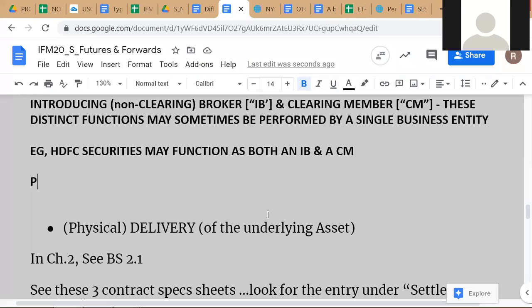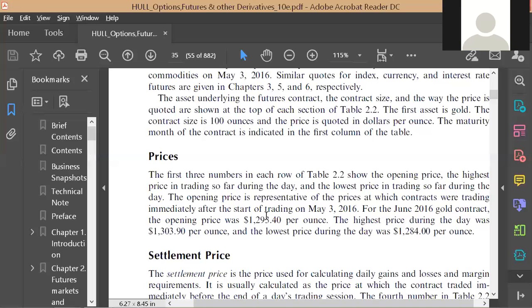I'll just write here what we have not yet talked about: normal versus inverted markets. I'll also note the page number. Nobody has a question, so I'll just make a note of this.